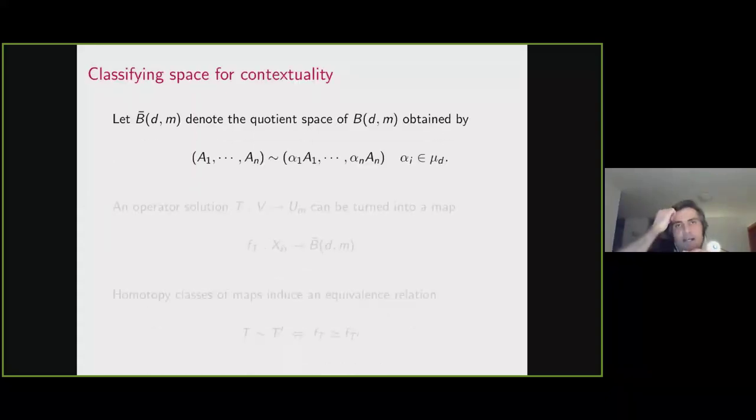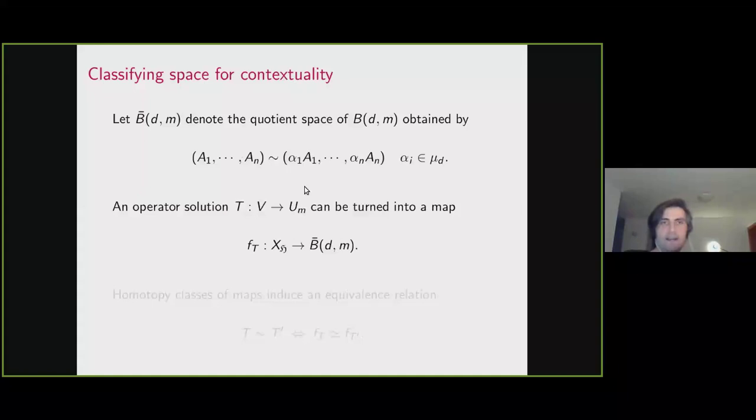But essentially, as I said, the topological realization looks at the linear constraint system up to scalars. So that means essentially we need to take a quotient of this classifying space, BDM, and obtain another space, which is B bar DM. And the identification is that we have an n-cell, and we are identifying 2 n-cells if the operators differ by a scalar in mu D.